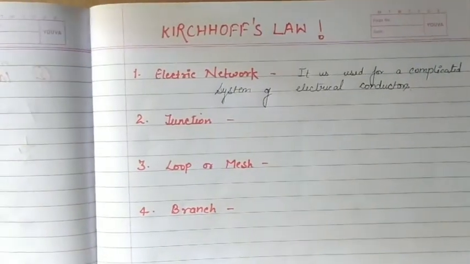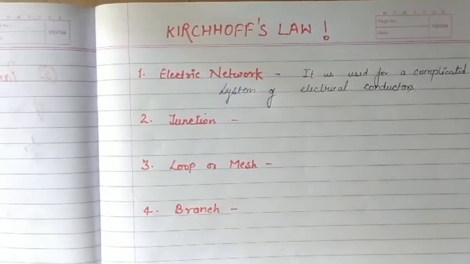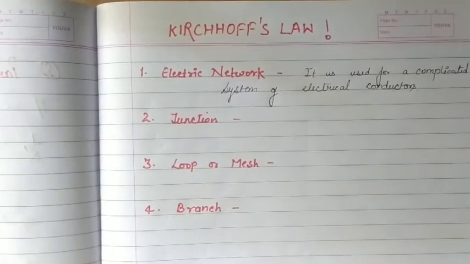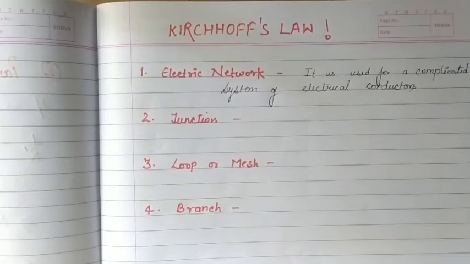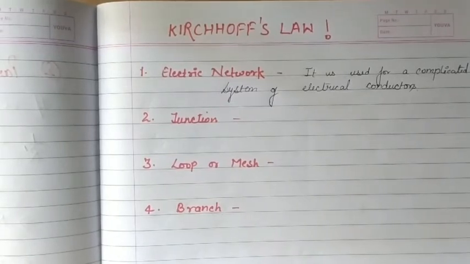Next term that we should know is junction. What is a junction? So junction is any point in an electric circuit or in an electric network where two or more conductors join together.